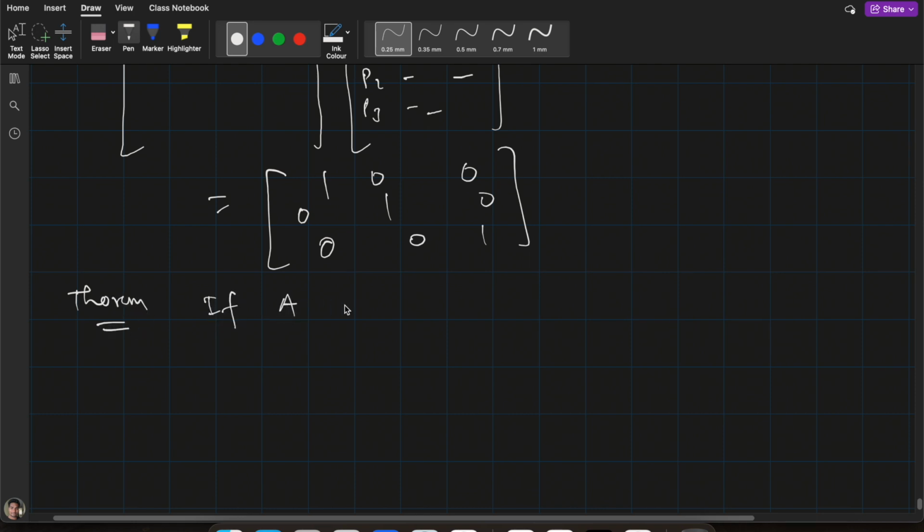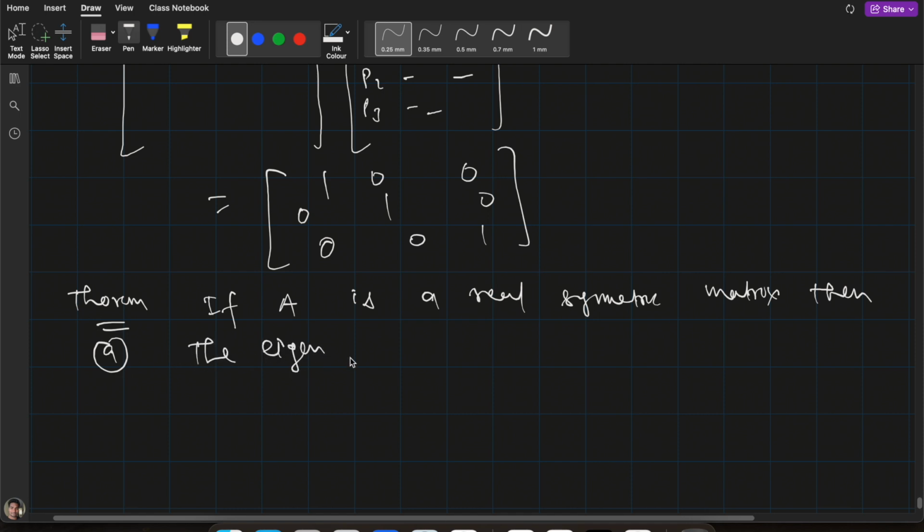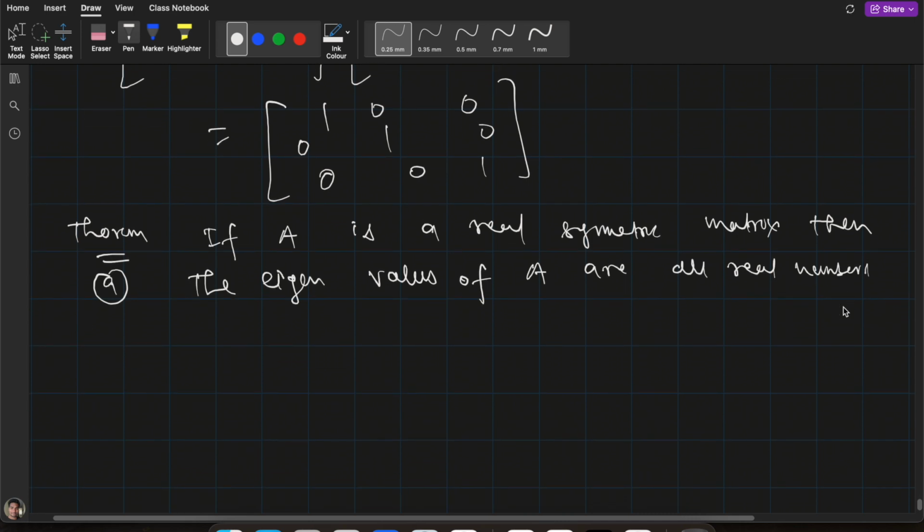If A is a real symmetric matrix, then first property, the eigenvalues of A are all real numbers. GATE has asked this property many times. Eigenvectors are what?